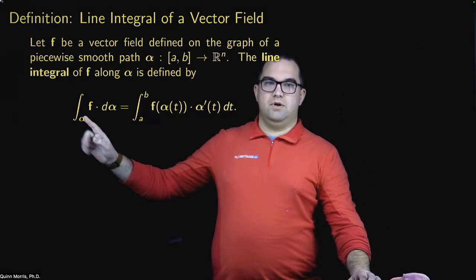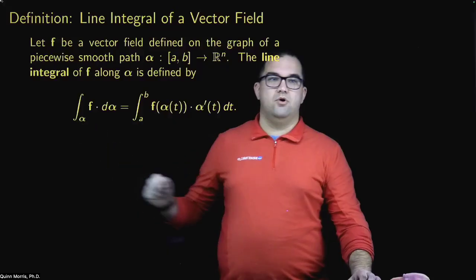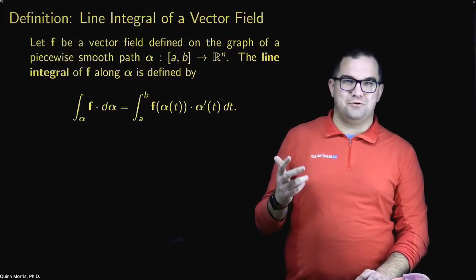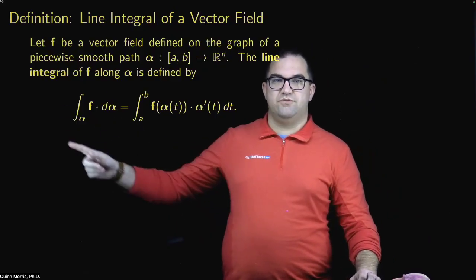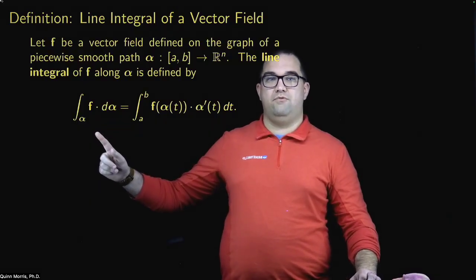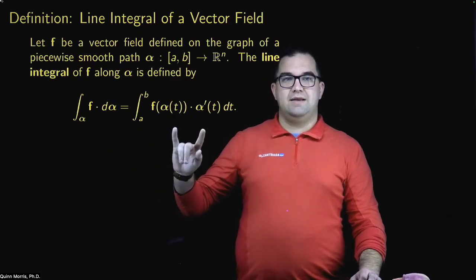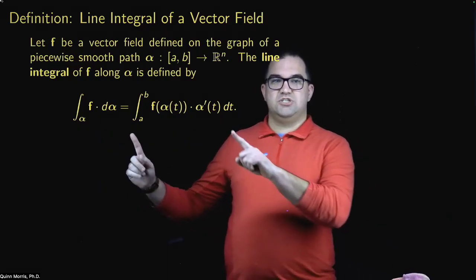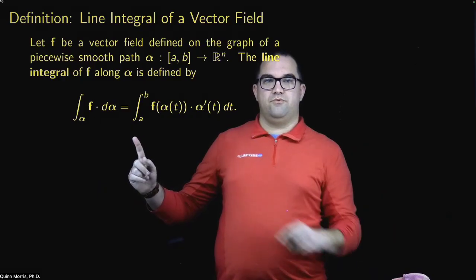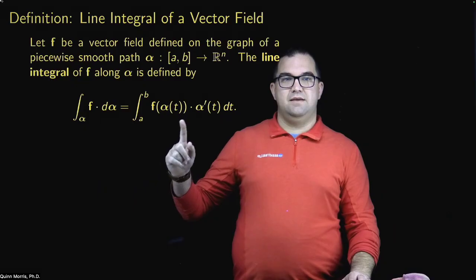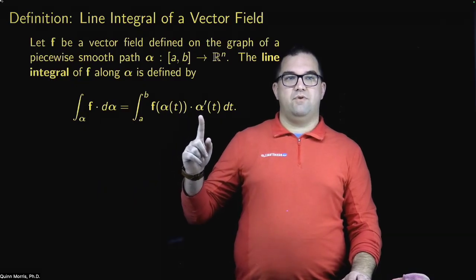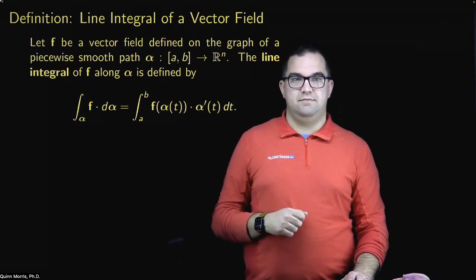We'll see in a minute there are many notations for line integrals, so this is just one. It is defined to be the Riemann integral from a to b of f of alpha of t inner product with alpha prime of t dt.